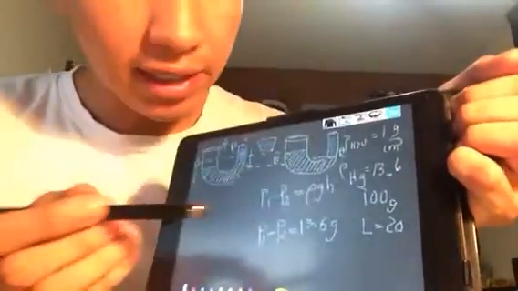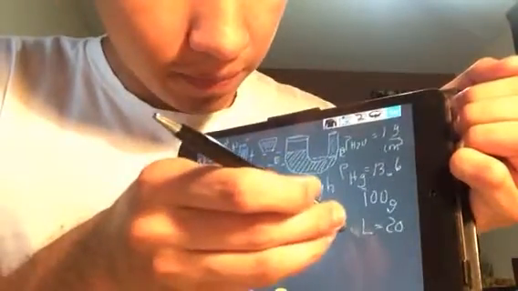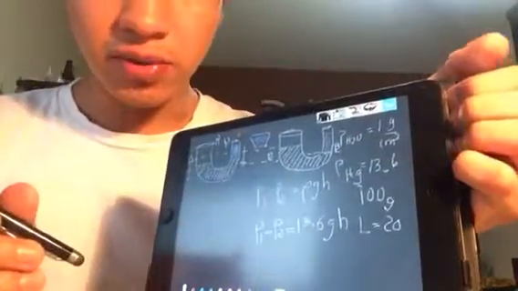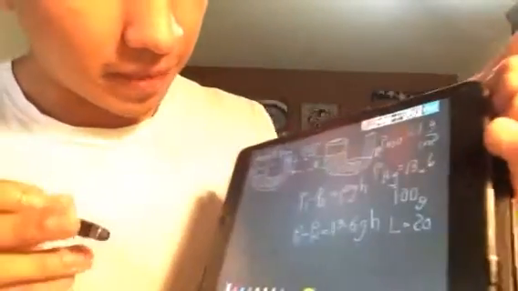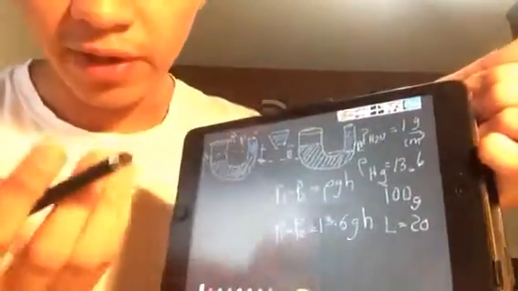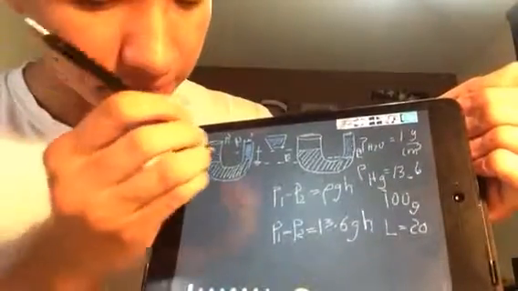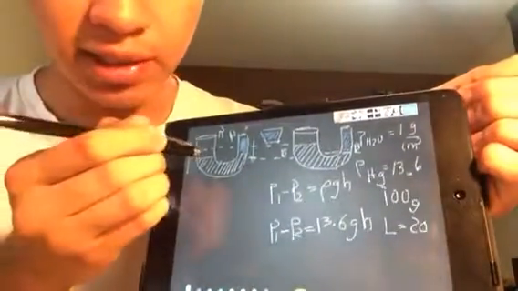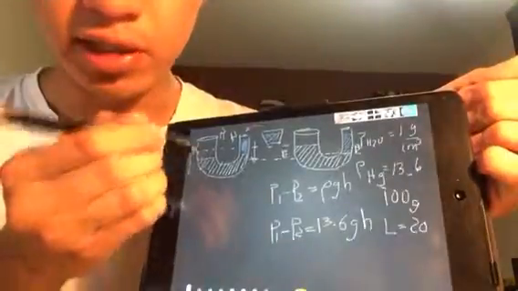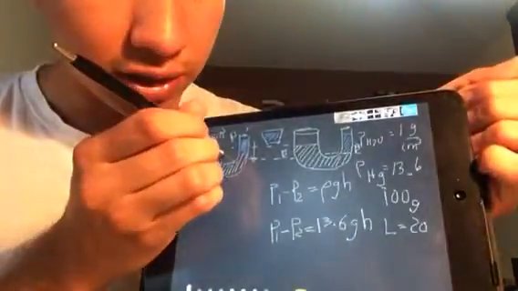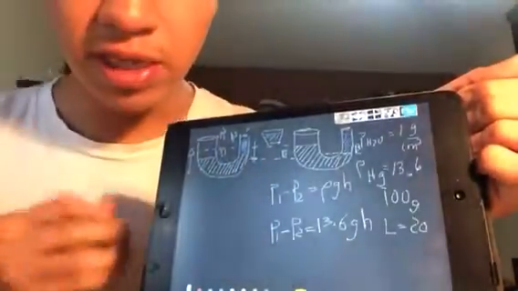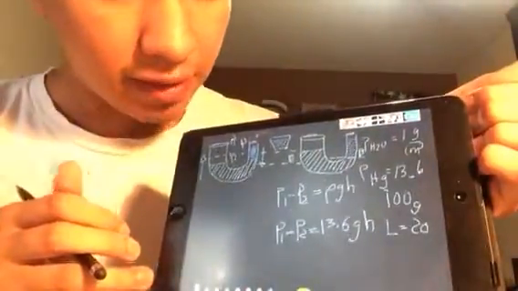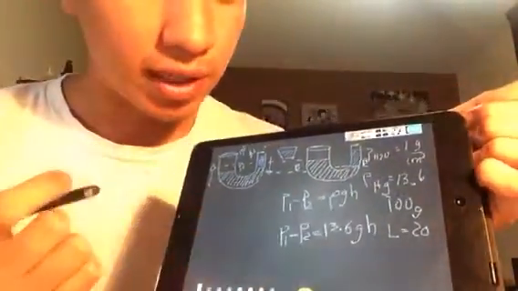We don't know the height, but we're going to put h. And we have another h here, the difference between the original height of the mercury and the new height of the mercury. That is what we are going to calculate.